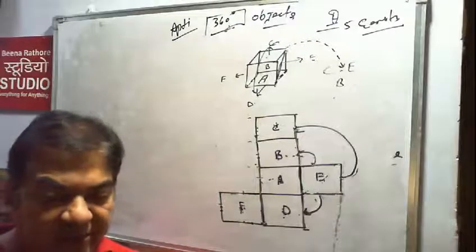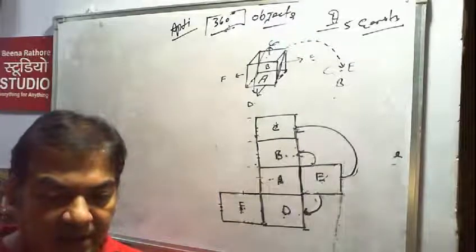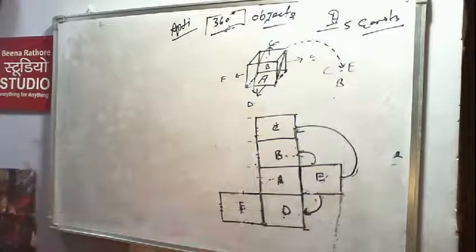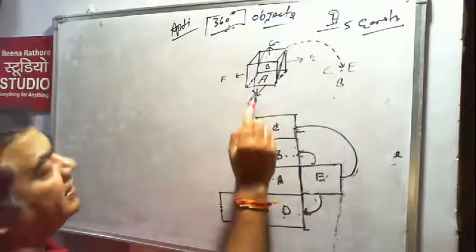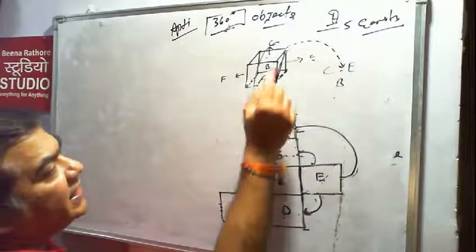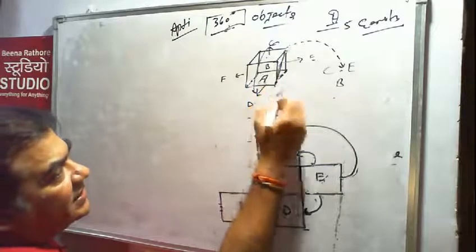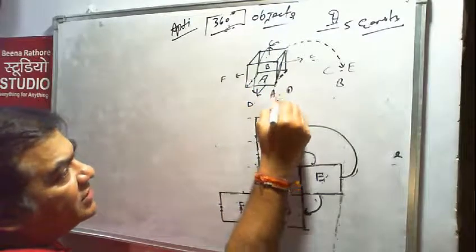Niharika, I'm looking forward to seeing your answer. What's your answer? It is A, D, and E. A, D, and E. That's right. The base is D, and D is front. You say A, D, and E, which is right.